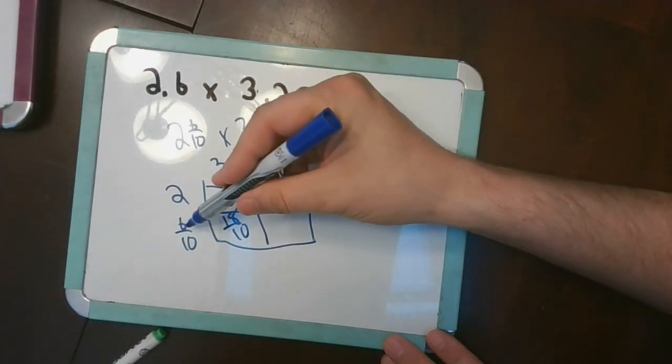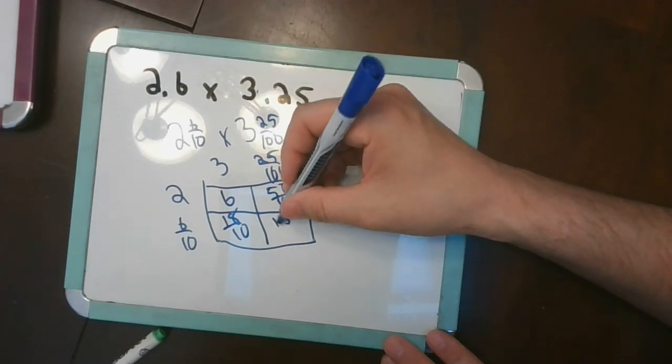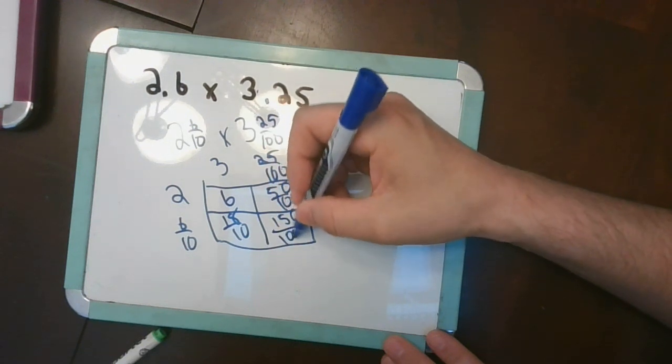And then 25 times 6, a little bit harder on that, that'd be 150. And then 100 times 10 is 1,000.